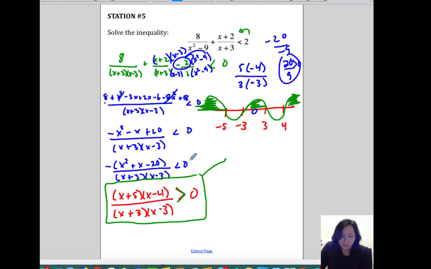So that value is going to be -infinity to -5, parentheses. These are all parentheses because it's a less or greater than, so you don't worry about brackets. With -3 to 3 and 4 to infinity. Okay, cool.